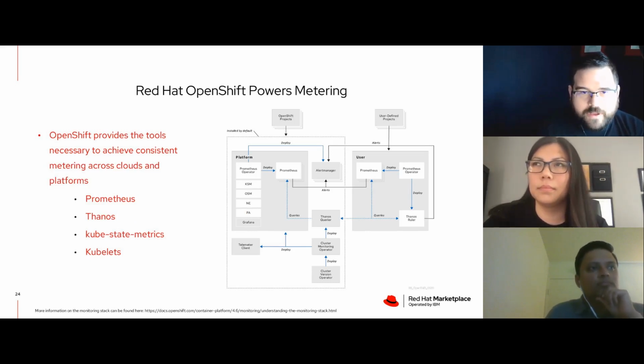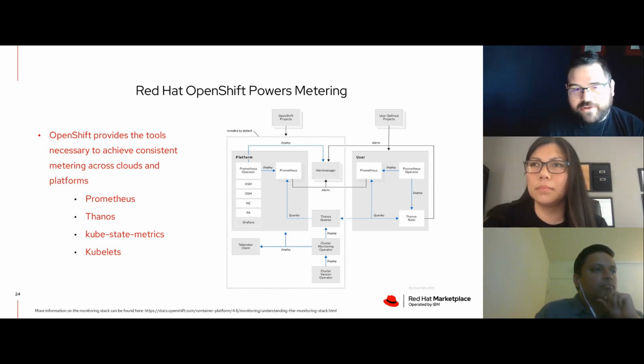So, Red Hat Marketplace really leverages OpenShift, and one of the reasons for that is OpenShift powers metering in a way that standard Kubernetes deployment really can't. So OpenShift is a great platform for running enterprise applications because of the great tools that ship with it. An example of this is the metering stack that's included.